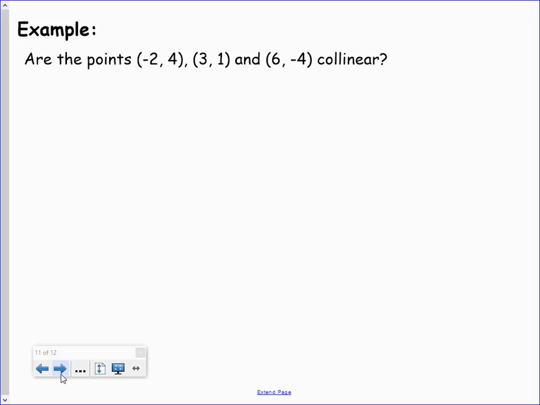So you have the points (-2, 4), (3, 1), and (6, -4). And again, for some practice for your homework tonight, go ahead and calculate that 3 by 3 determinant.